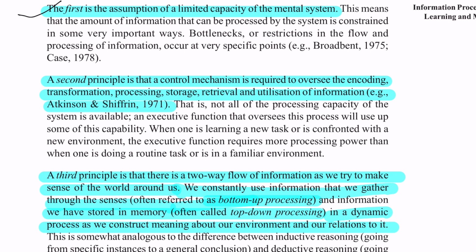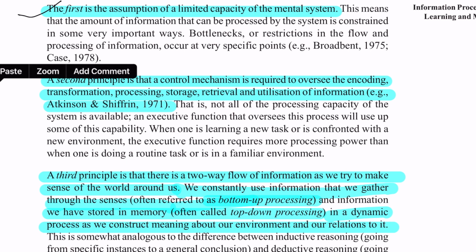And the second principle is that a control mechanism is required to observe encoding, transformation, processing, storage, retrieval, and utilization of information. The second thing is how it will be decided which information you should process, which information you should not process, and what is necessary and what is unnecessary.